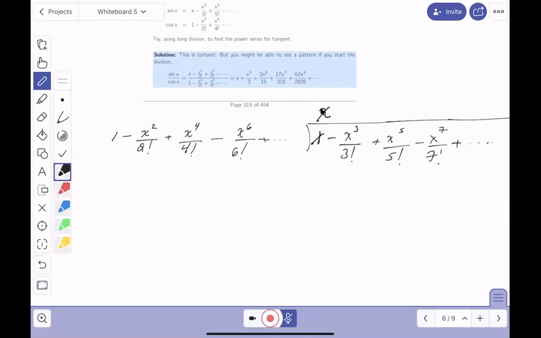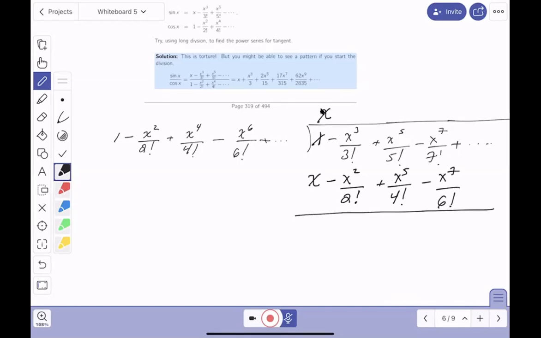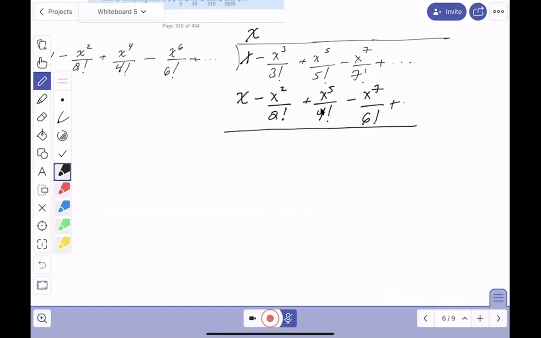Well, distributive property, what do you get? x minus x squared over 2 factorial plus x^5 over 4 factorial minus x^7 over 6 factorial. Now, by the way, this goes on forever, but I really don't have the time to go on forever. No one does, right? I'm going to do subtraction now.